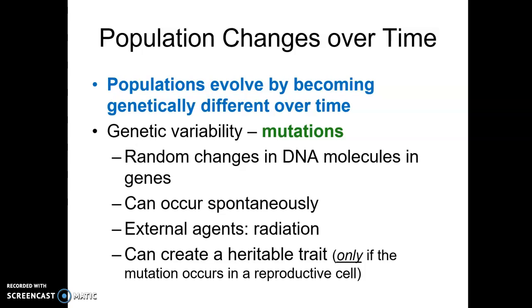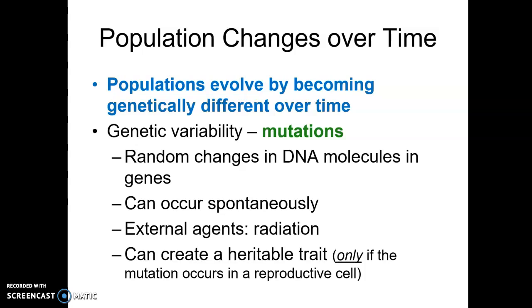Populations evolve by becoming genetically different over time. For most animals that we think of with low reproductive capacity, big animals for example, that's going to require great periods of time to reproduce.